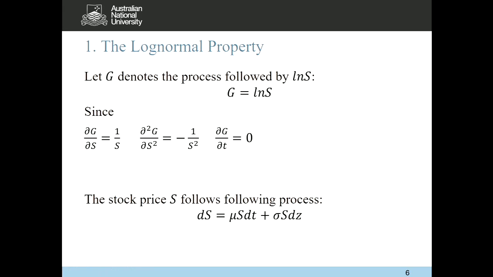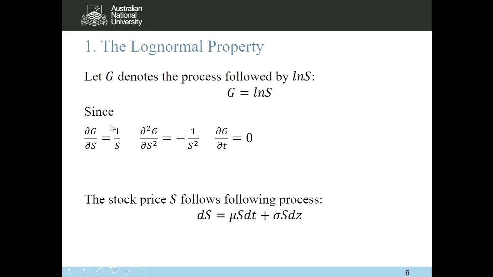All right, then the next thing is that we are interested in how this process changes over time, right? In other words, we are interested in delta g, the small change in g for a small time interval. In order to do that, we would want to differentiate g with respect to the share price S, and also differentiate g with respect to the time t.